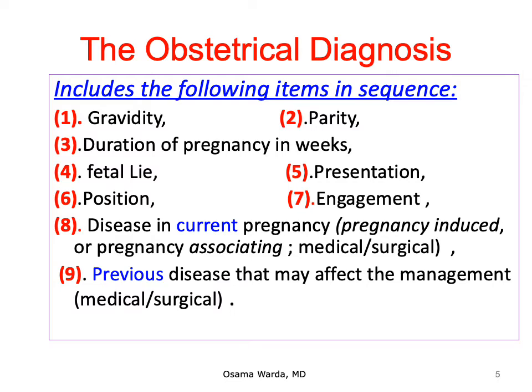Obstetric case taking includes gravidity, parity, duration of pregnancy, fetal lie, fetal presentation, fetal position, engagement of the presenting part, disease in current pregnancy, whether pregnancy induced or pregnancy associated, medical or surgical, and previous disease that may affect the management of the current pregnancy.